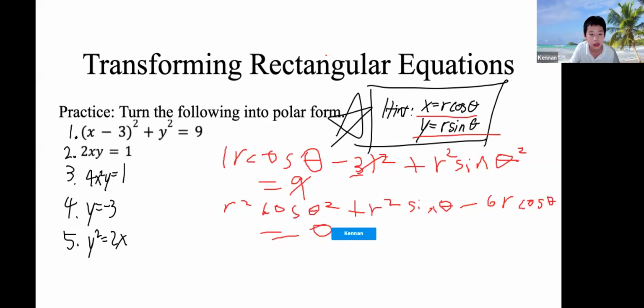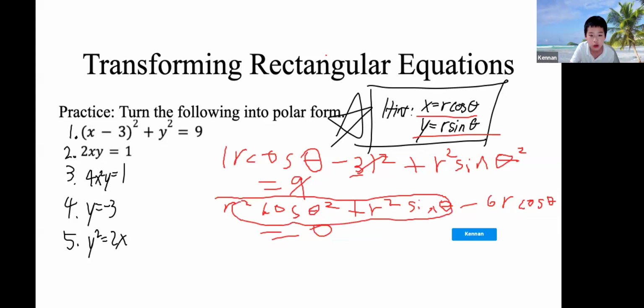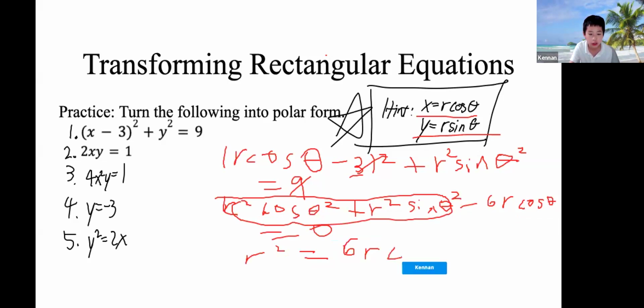And then note by Pythagorean theorem we can group these two. Oh wait, sorry, I forgot this. We can group these two. It becomes r squared. So we know r squared equals 6r cosine theta.